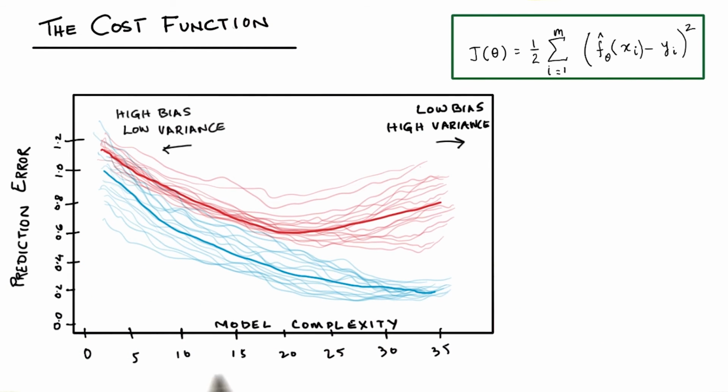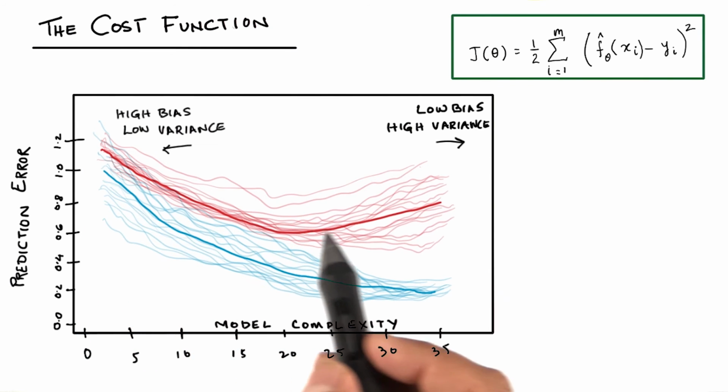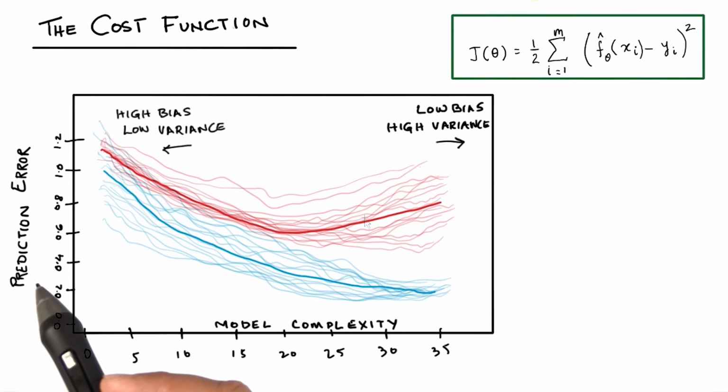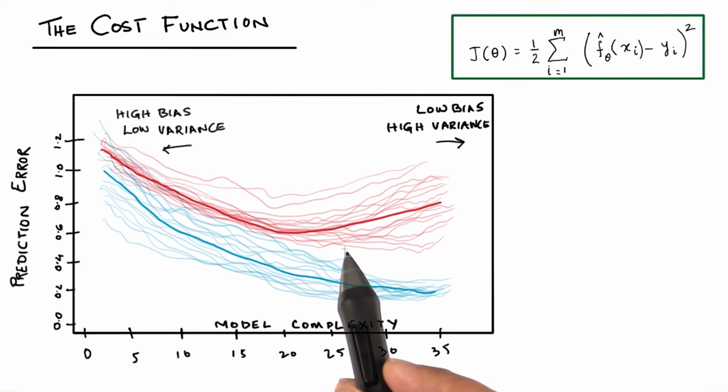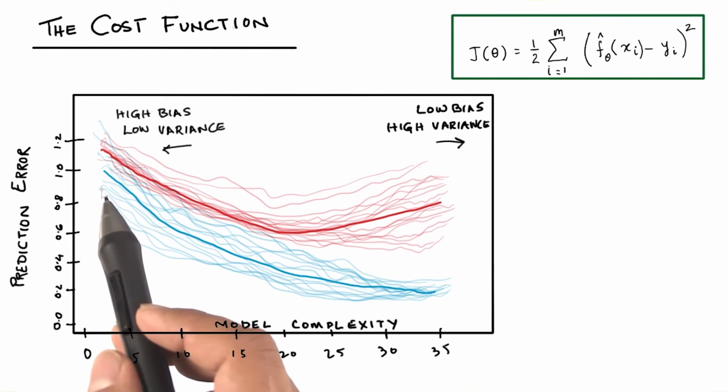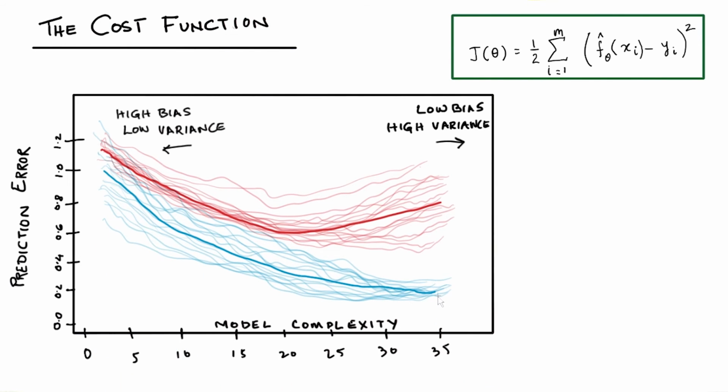Let's take a look at the following diagram. What we have on the x-axis here is model complexity. Think of it as the number of variables in your model. On the y-axis, we have the prediction error. The red lines here represent the error calculated on the test dataset. The blue lines here represent the prediction errors calculated on the training dataset.